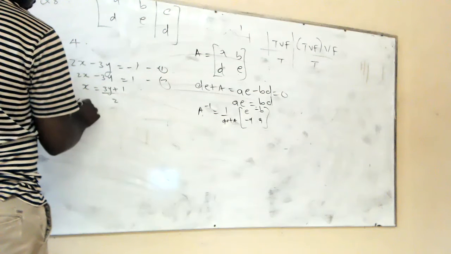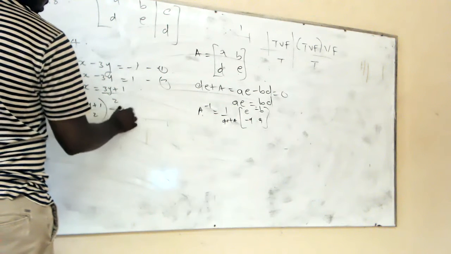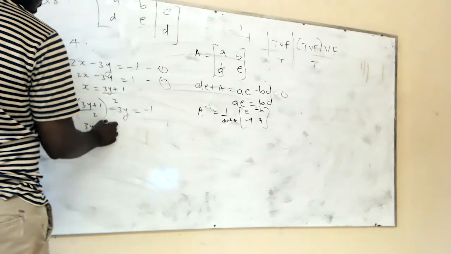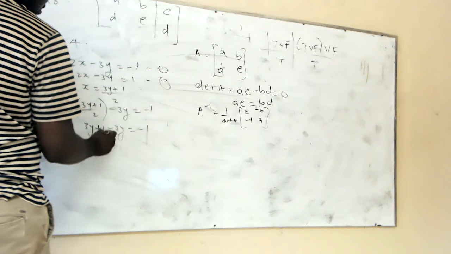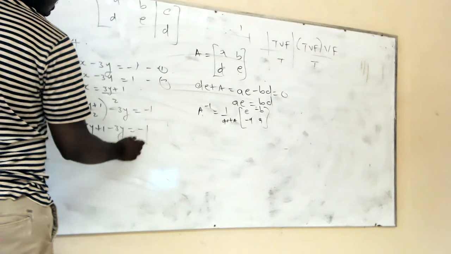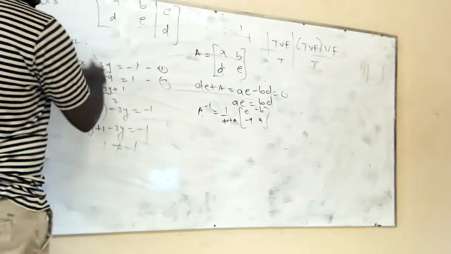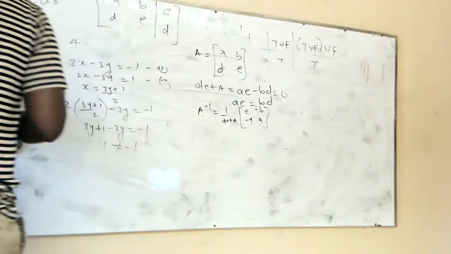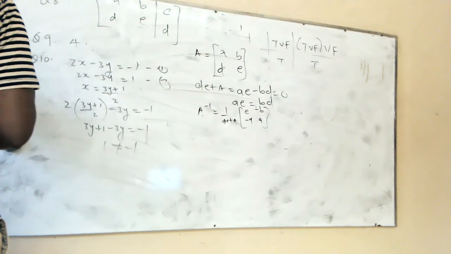We're going to have 2 times (3y plus 1) divided by 2 minus 3y, which is equal to -1. This gives 3y plus 1 minus 3y equal to -1. This cancels, so 1 cannot be equal to -1. You see, we have proved that we cannot find the value of x and the value of y. Therefore, in that situation, we're going to have no solution for that question.